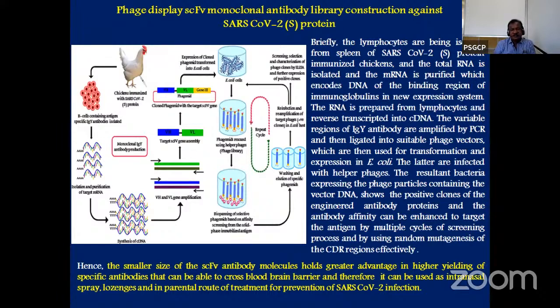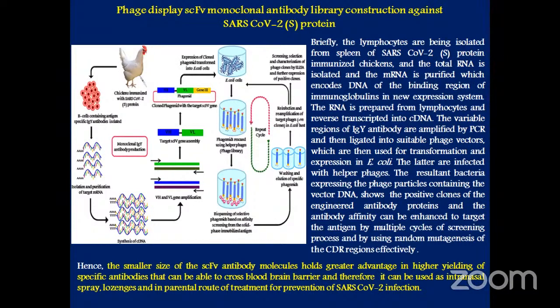Luckily, Ashok had experience with this because he worked at the National University of Singapore. With this concept, we were able to work on it. He has joined this project and is working. The smaller size of scFv antibody molecules holds greater advantage and higher yield of specific antibodies that can even cross the blood-brain barrier, and therefore can be used as an intranasal spray or lozenges. By the parenteral route also, these antibodies can be used.